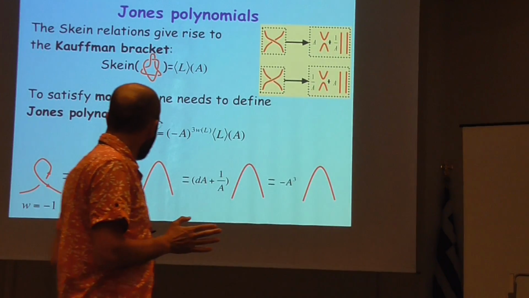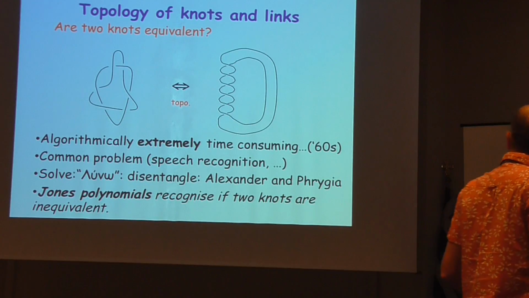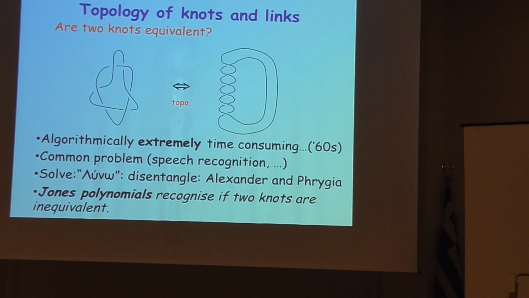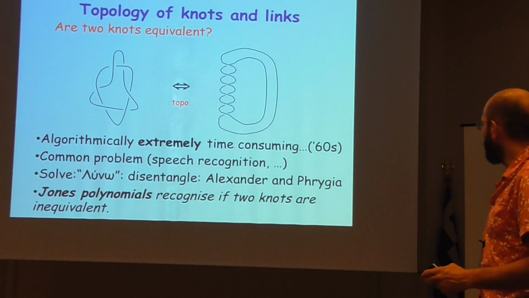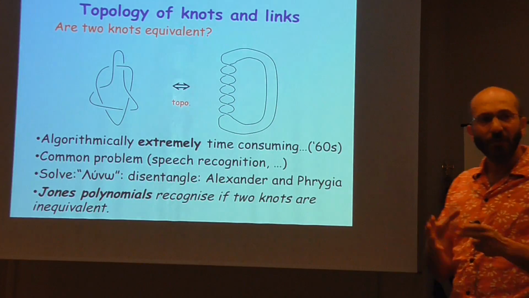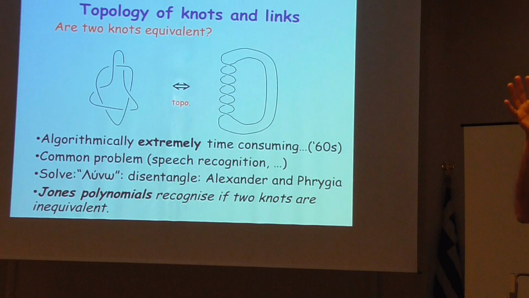Okay? And what can I do with it? So you can show that it's invariant. Good. I have a mathematical object, the Jones polynomial, that I derive from a knot. And I can use it to see if two knots are equivalent.